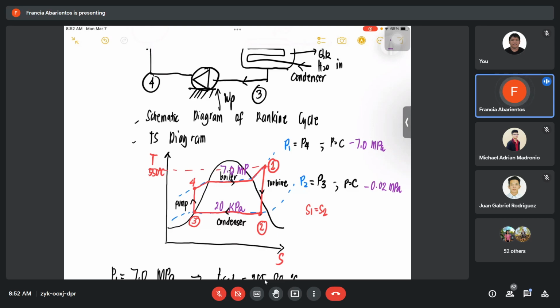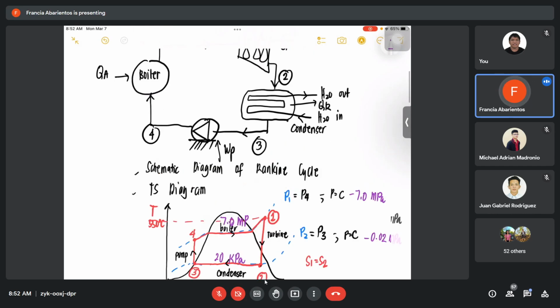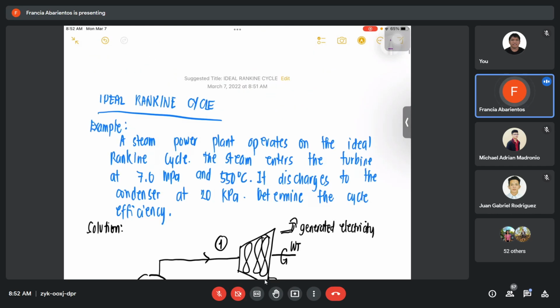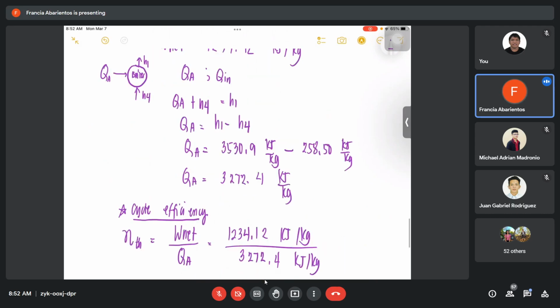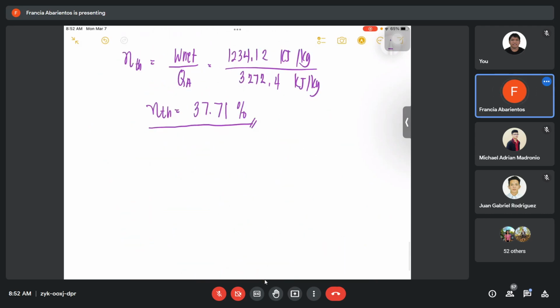That is the ideal. Okay? The ideal Rankine cycle. How about, nakuha na ba yung sa Rankine? If we have the ideal Rankine cycle, we proceed to the actual Rankine cycle.